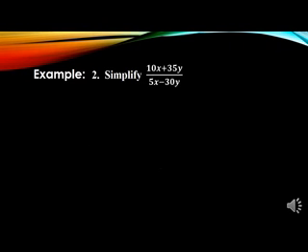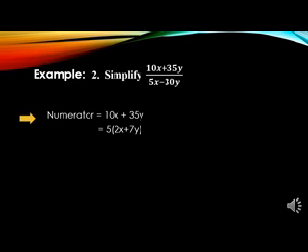Let's have our example number 2. Simplify 10x plus 35y all over 5x minus 30y. So, first step is factor the numerator and denominator completely. So the numerator is 10x plus 35y and its factors are 5 times 2x plus 7y.